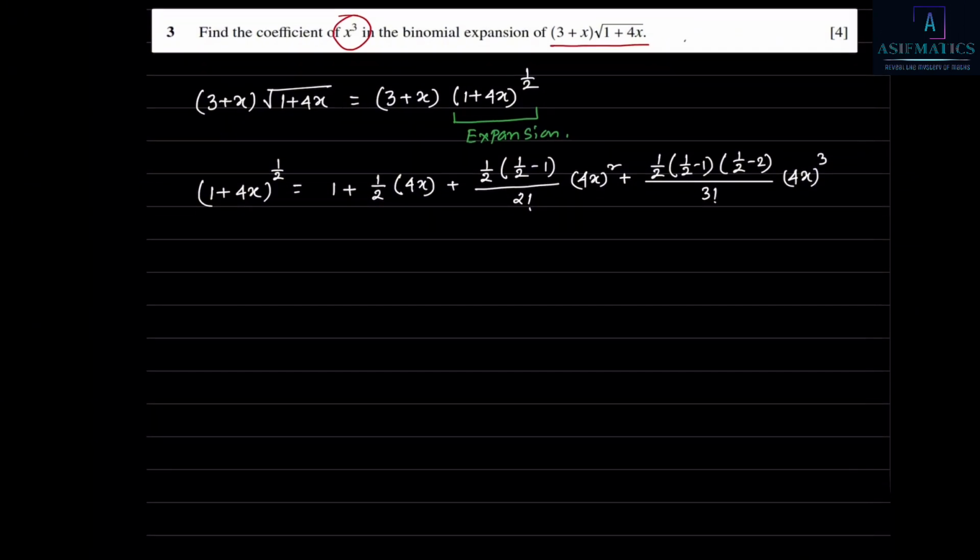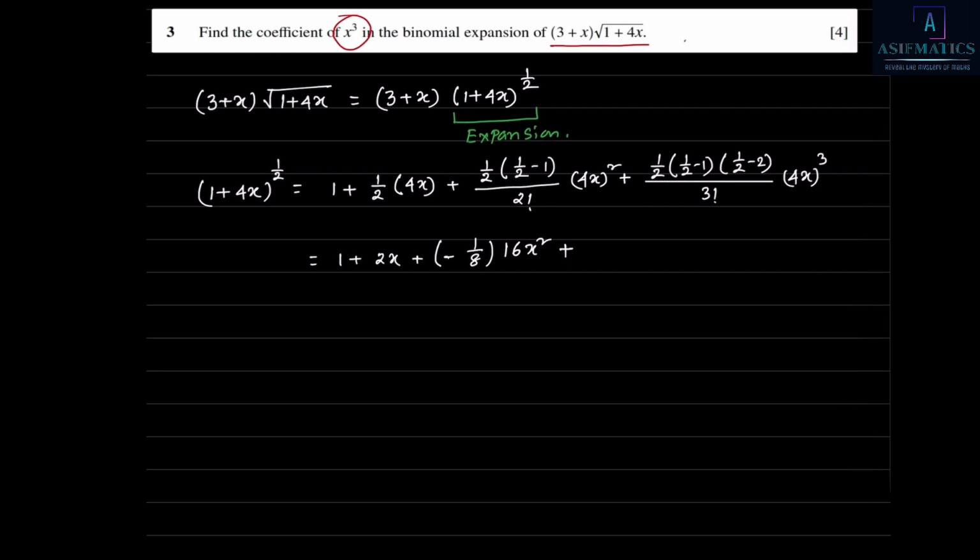So now if we simplify this one, we can write 1 plus 2x plus, this one we can write 1 by 2, 1 by 2 minus 1 is minus 1 by 2, so that is minus 1 by 4, and factorial 2 is again 2, so that will be minus 1 by 8, and this will be our 16 x square.